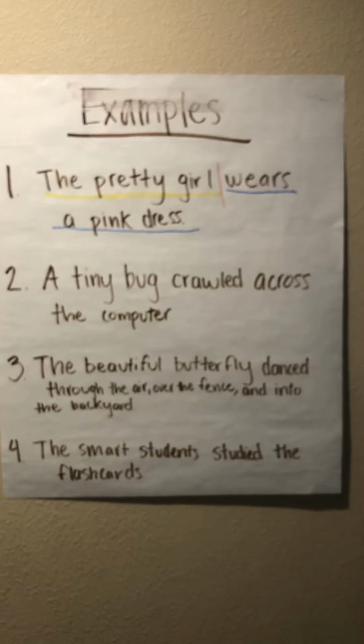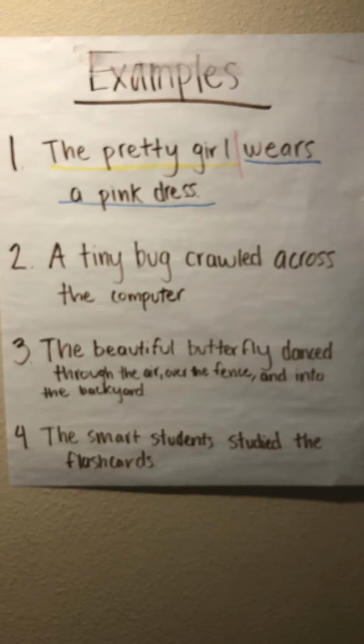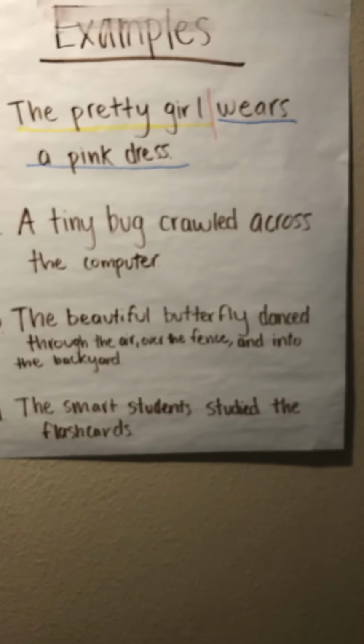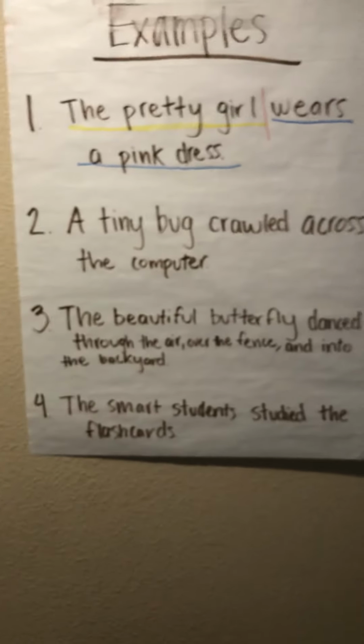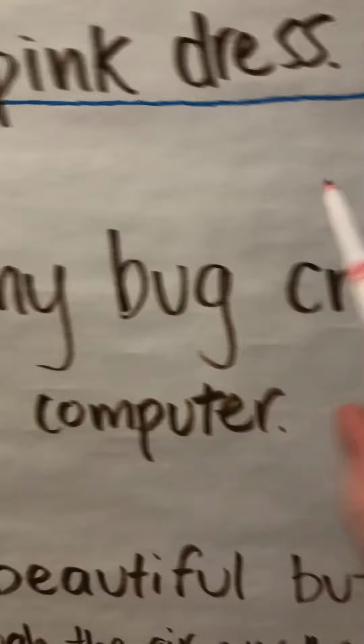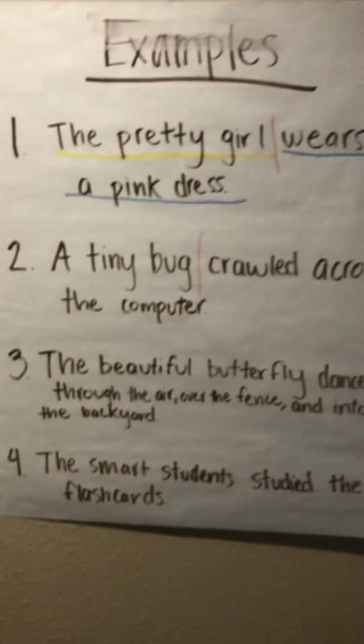A tiny bug crawled across the computer. Okay, remember we have to find our noun first. So that's bug. What did the bug do? Crawled. So that's where we are going to draw our subject line in between bug and crawled. Okay, so now we're going to ask ourselves, who is our sentence about?